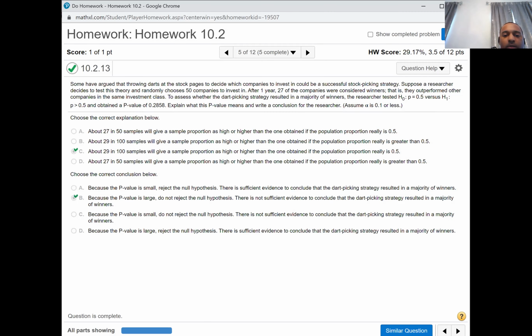And then it says there is not sufficient evidence to conclude that the dart picking strategy resulted in a majority of winners. So once again, that's holding true to your steps, but also trying to implement what's being said in the problem.